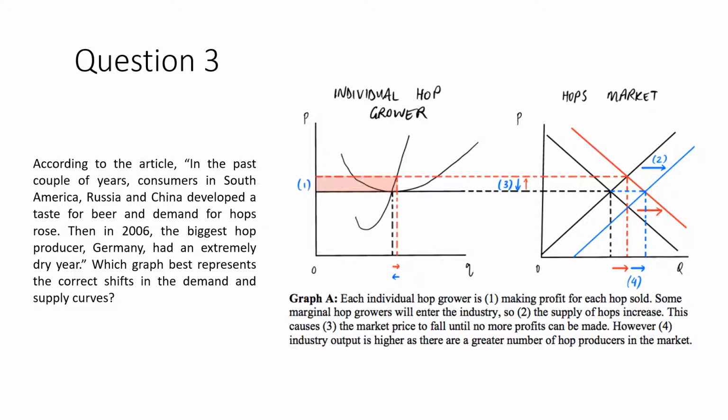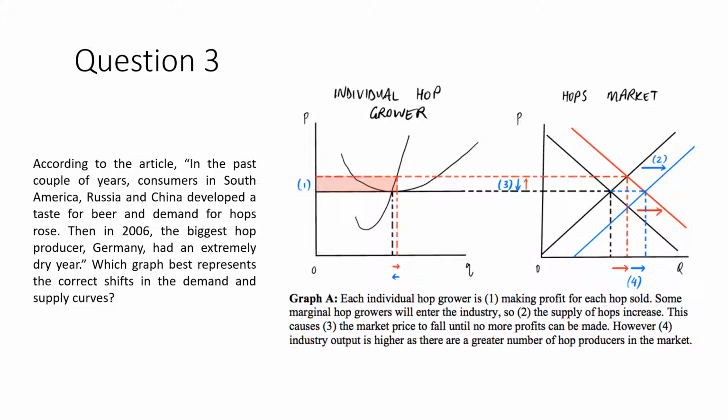Profits are zero and firms stop entering the market. This way, the market reaches a new long-run equilibrium. The price goes back down and the profits are again back at zero. But the industry output is higher as there are a greater number of hops producers in the market.